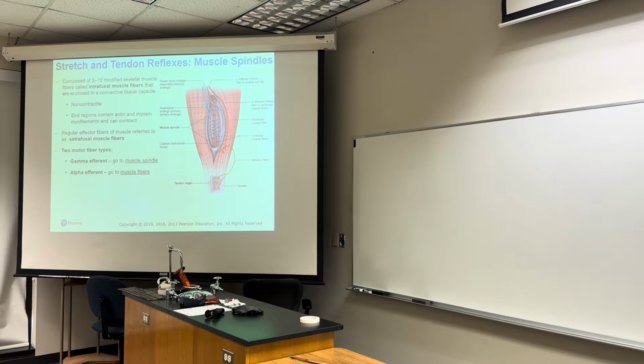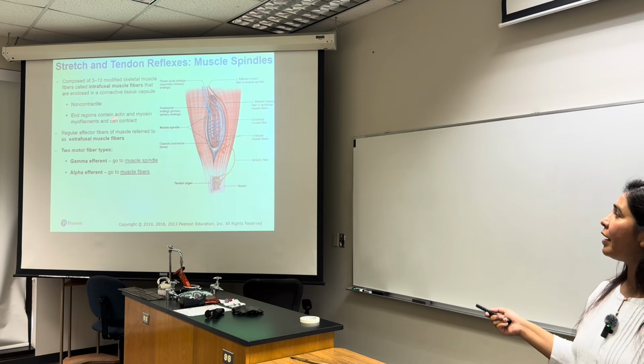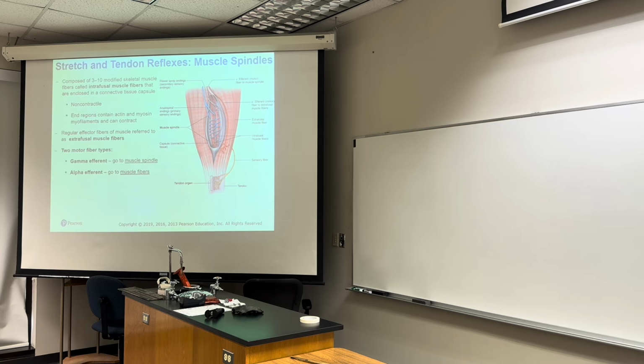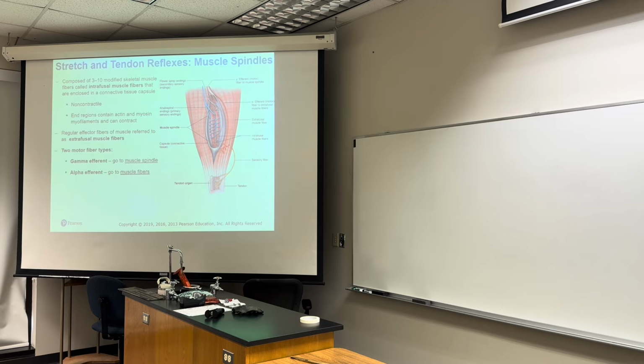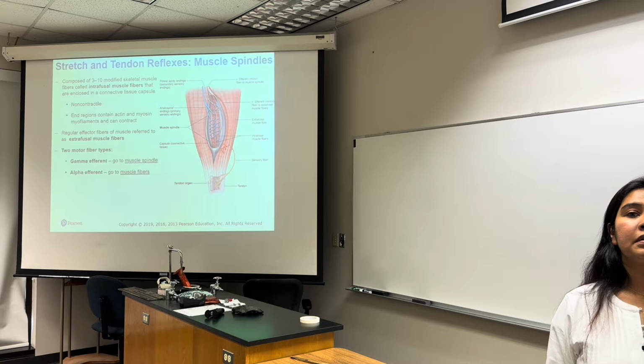So in the spindle, you have the extrafusal, and you also have the intrafusal muscle fiber inside the spindle. Now the intrafusal muscle fibers are actually non-contractile. However, their end regions contain actin and myosin myofilaments and can contract, only at the end regions. But the regular effector fibers right here, these are actually what? These are referred to as extrafusal muscle fibers.